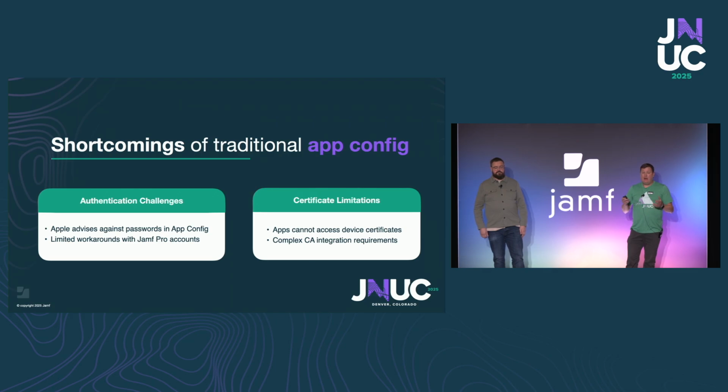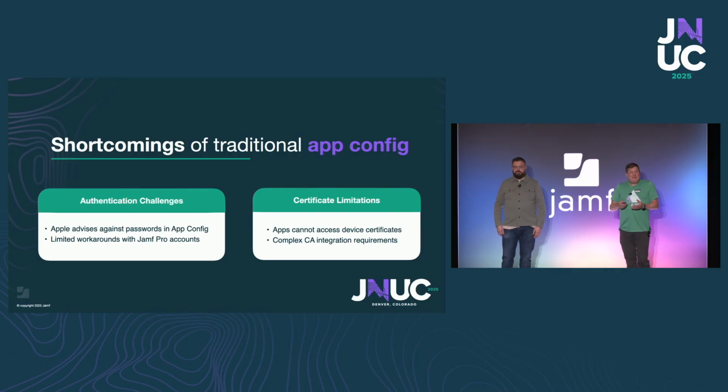Apple says outright, don't put secrets in AppConfig, don't put passwords there. Sometimes that can be a little bit of a compromise if it's one of these integrations where you want to give least privileges to an API client and secret, things like that. But it's still not perfect when it comes to that.